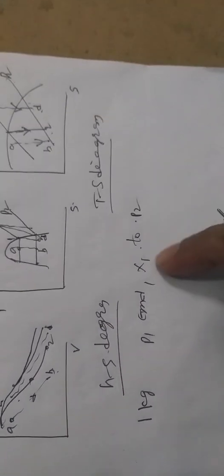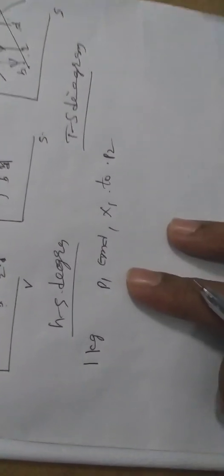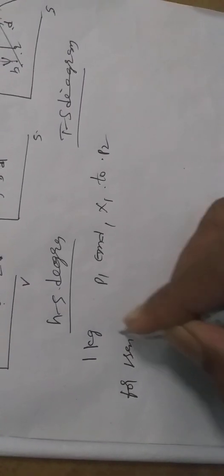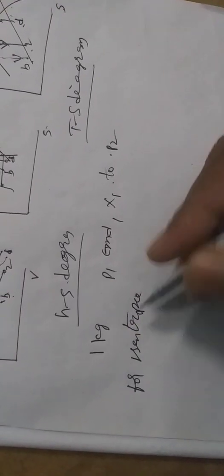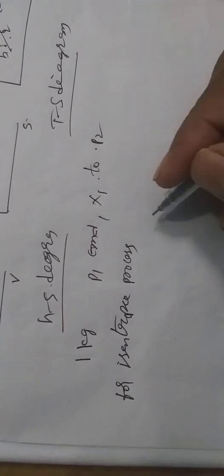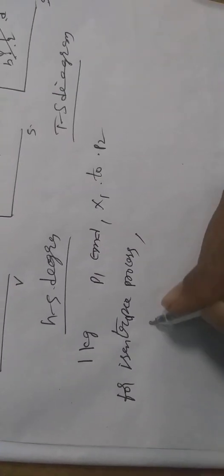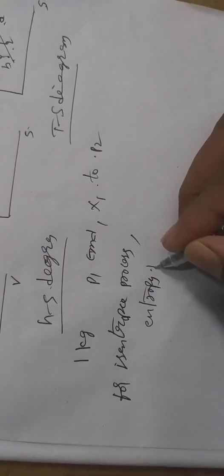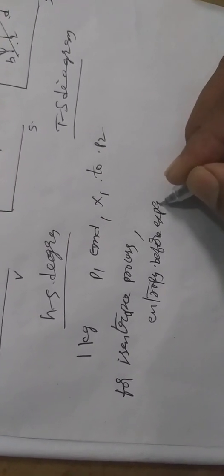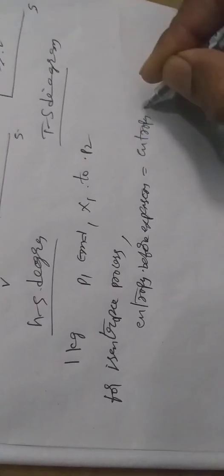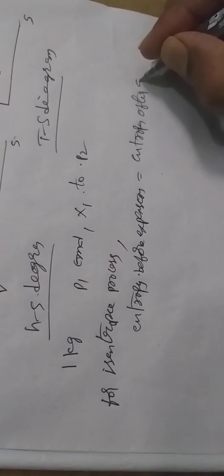Here for the isentropic process, entropy before expansion is equal to entropy after expansion.